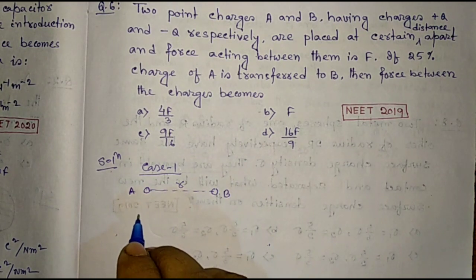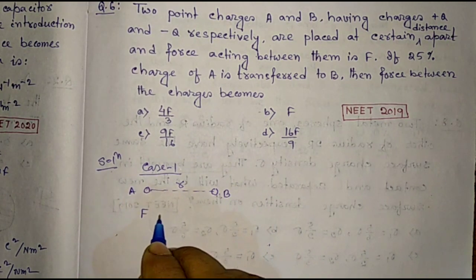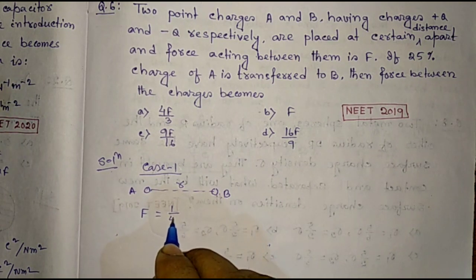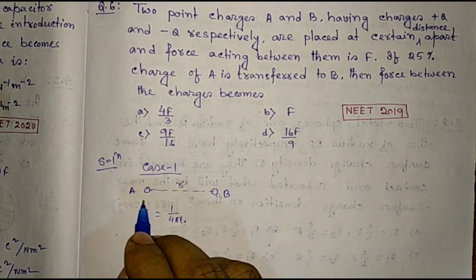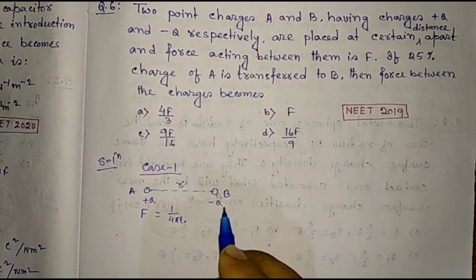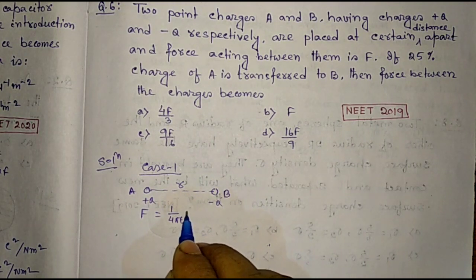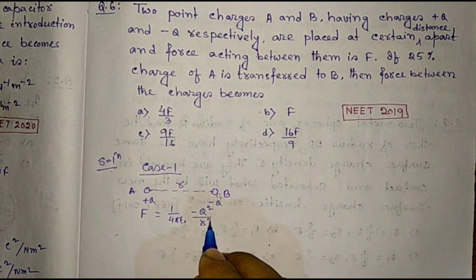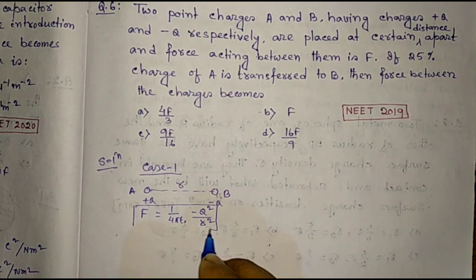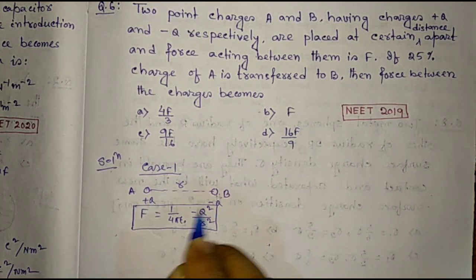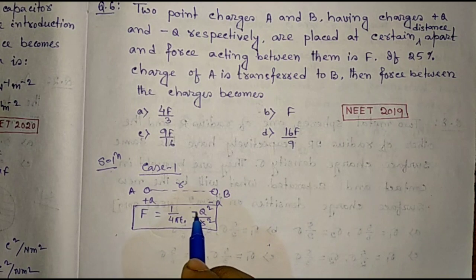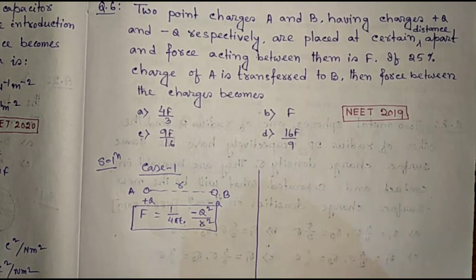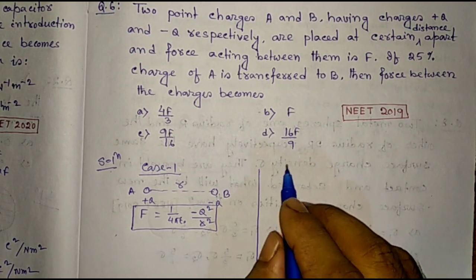So the force between them is F, and F is equals to 1 by 4 pi epsilon naught, the charge is plus Q and this is minus Q charge, Q1 Q2 by r square. So minus Q square by r square. So it is the force between the two charges, and the force is negative. It means that the force is attractive in nature according to Coulomb's law.